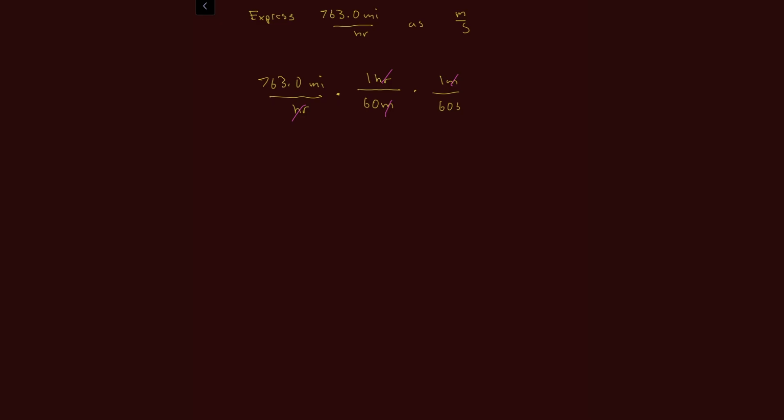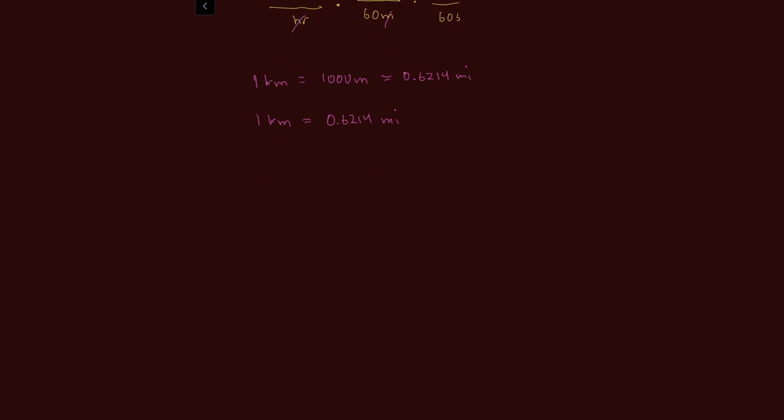Now, if you take a look at Appendix C of your textbook, you're going to see the following relation. That is that 1 kilometer is equal to 1,000 meters, which makes sense. But what might be new is that that is also equal to 0.6214 miles. And we care about 1 kilometer being equal to 0.6214 miles.